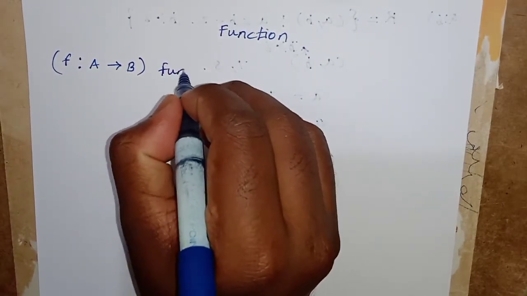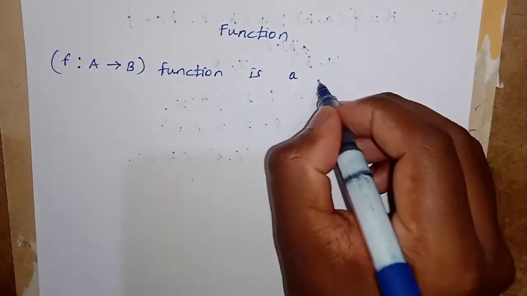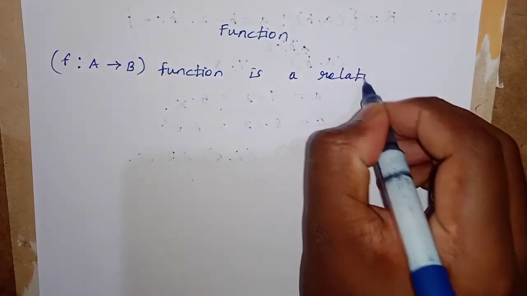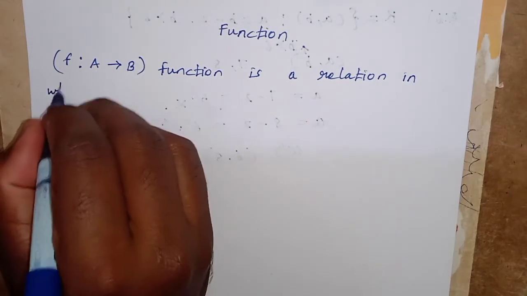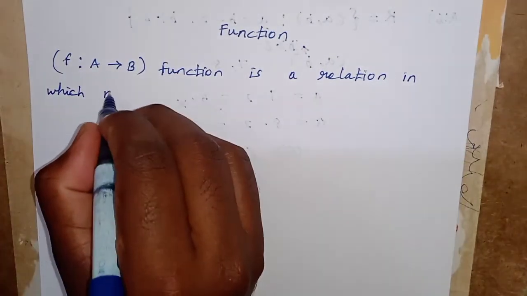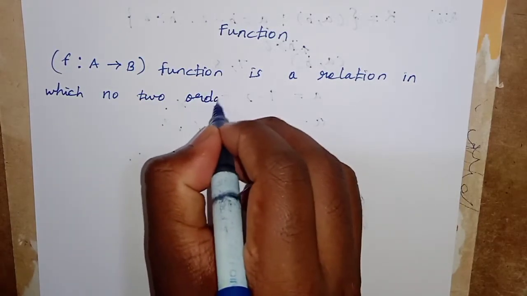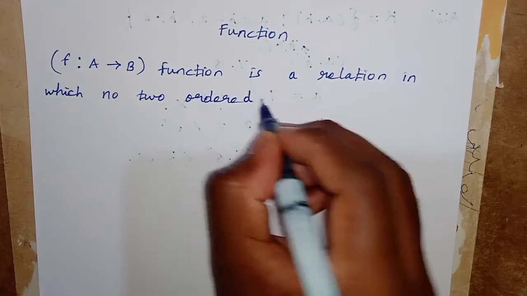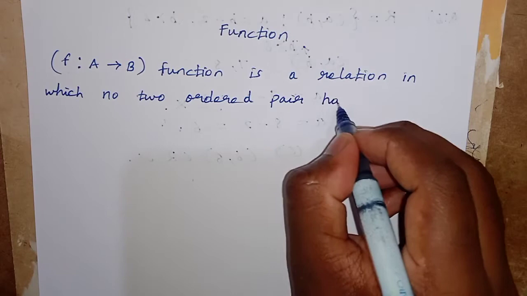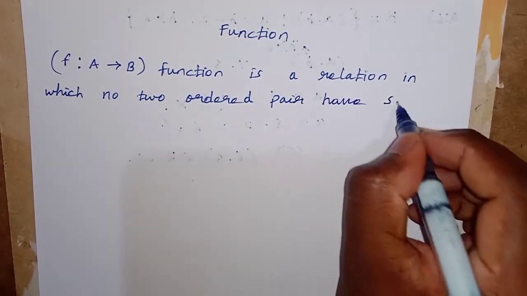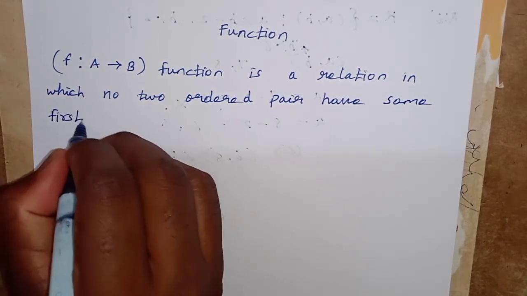Function is a relation in which no two ordered pairs have the same first element.